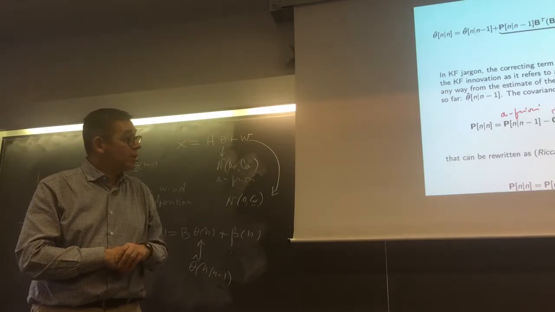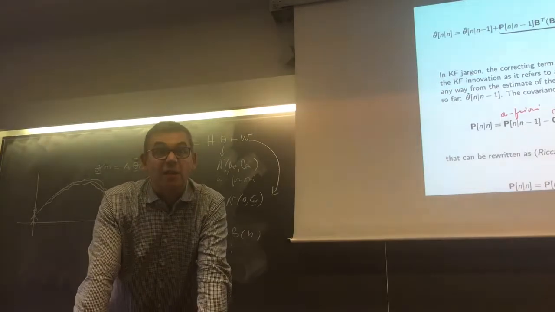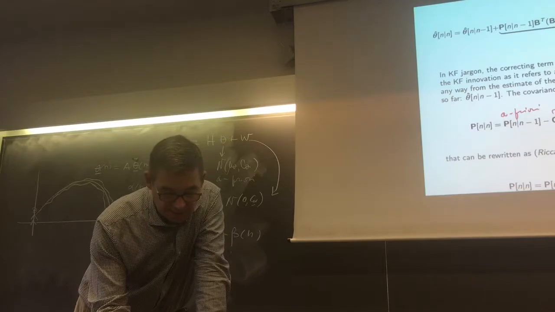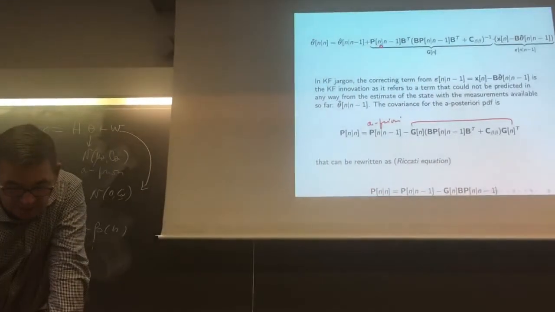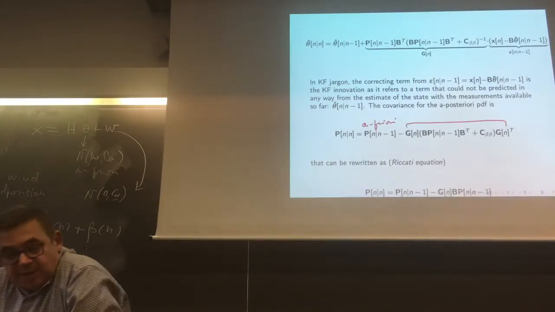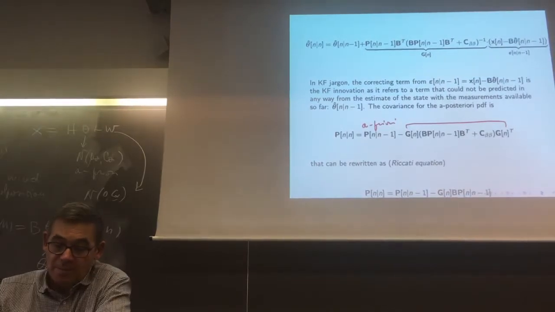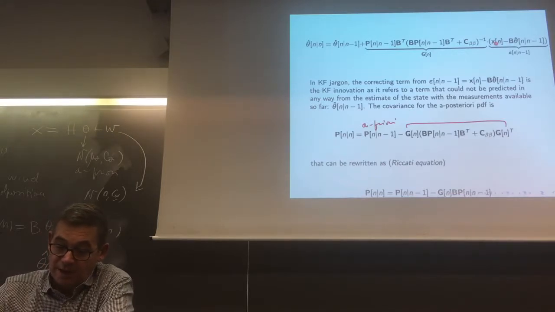Now, what is more expensive in the Kalman filter is the computation of the gain. Because the size of the gain matrix is very big. It has the dimension of the data that I am using, because it's multiplying x, so it has a size of x, and x might be big.